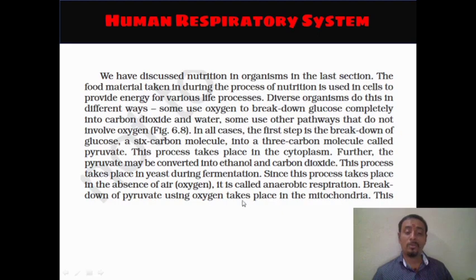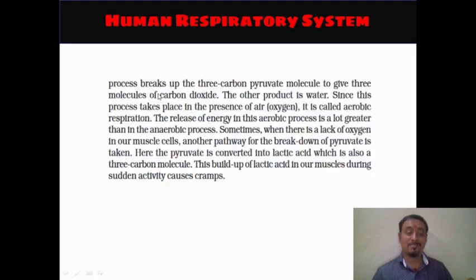Breakdown of pyruvate using oxygen takes place in the mitochondria. This process breaks up the 3-carbon pyruvate molecule to give 3 molecules of carbon dioxide. The other product is water. Since this process takes place in the presence of air, it is called aerobic respiration.